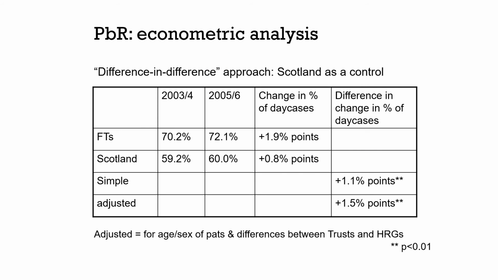The results here show that the difference in increase in the percentage of day cases was found to be 1.5 percentage points in the final analysis in favour of the English Foundation Trusts. And this was viewed as evidence that the new national tariff mechanism had generated an efficiency gain, greater use of less costly treatment practices.